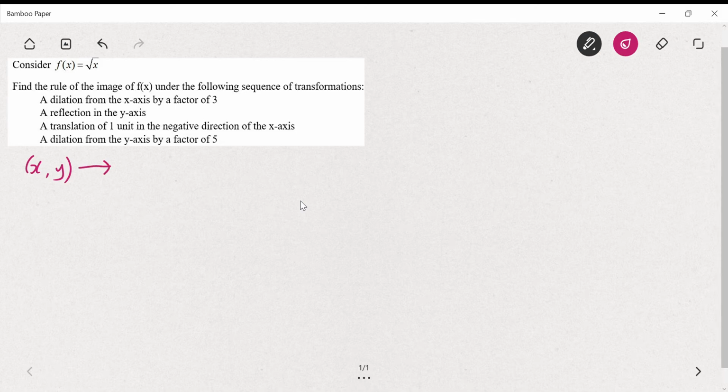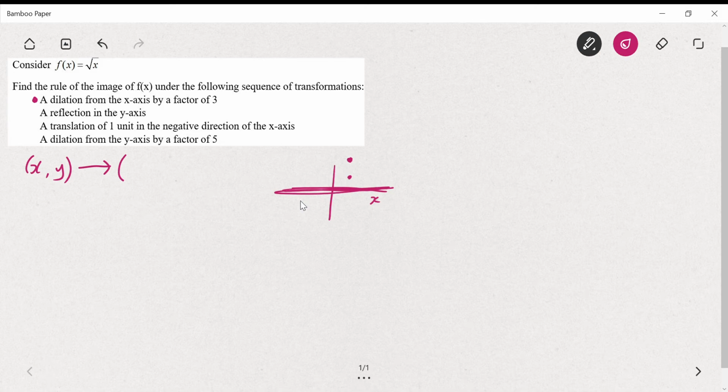Well, the first thing that happens, if I go through step by step, is we get a dilation from the x-axis by a factor of 3. Remembering that the x-axis is this axis along here, if you had a point here, it's now 3 times as far away.